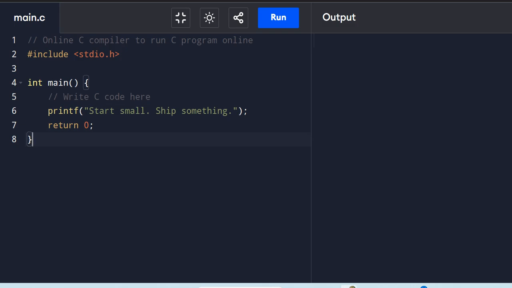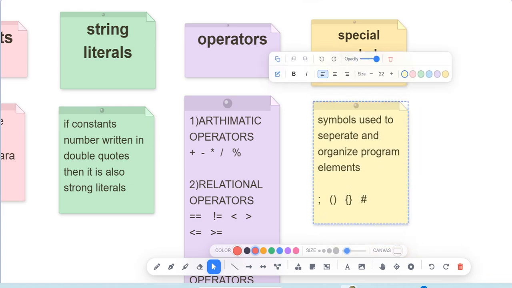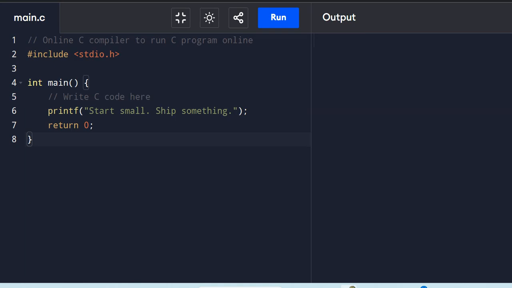Curly braces are used to separate and organize, as per the definition. Here you can see the symbols are used to separate and organize the program elements. Here the semicolon is there, no? Here there are two lines, printf and return 0.